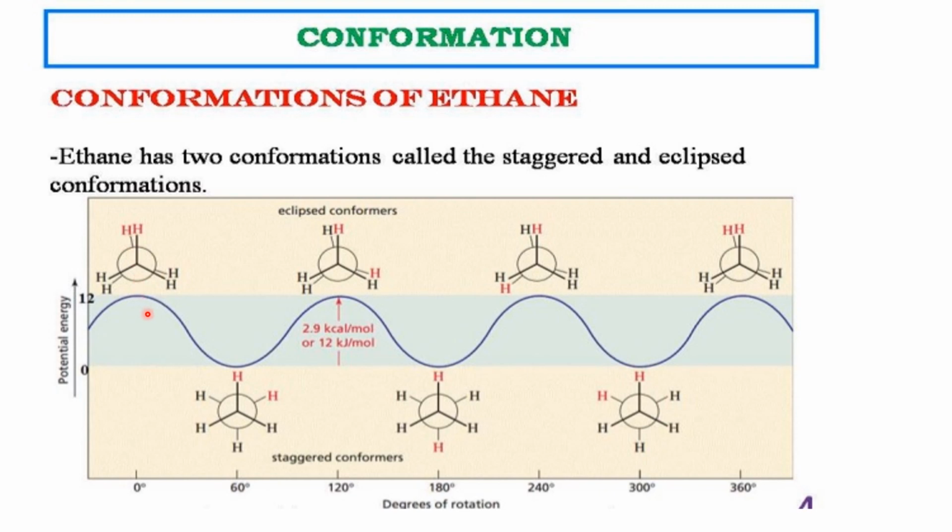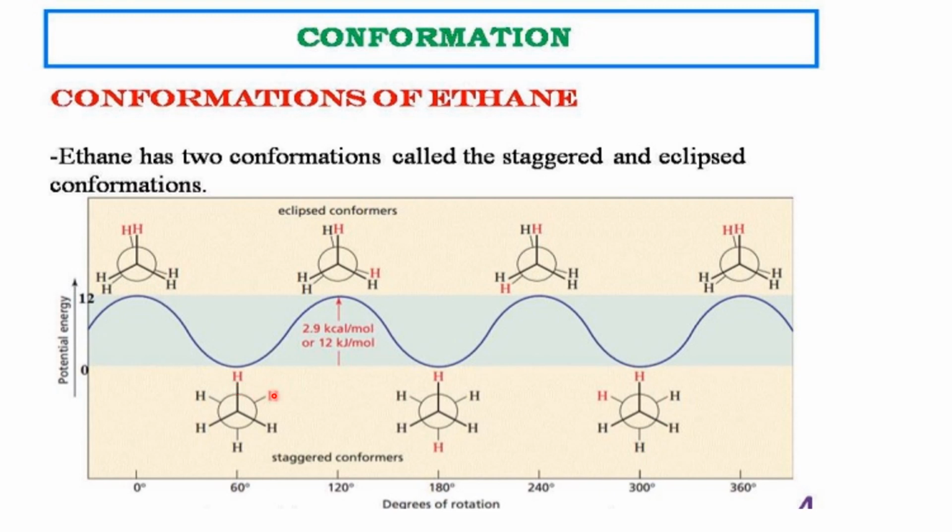Hence the dihedral angle is 0. But when I slowly rotate the carbon-carbon single bond, it moves to an extreme case called the staggered conformation. In that staggered conformation, the first hydrogen atom of the first carbon atom and the first hydrogen atom of the second carbon atom create a dihedral angle of 60 degrees.